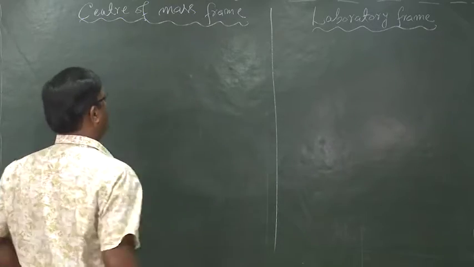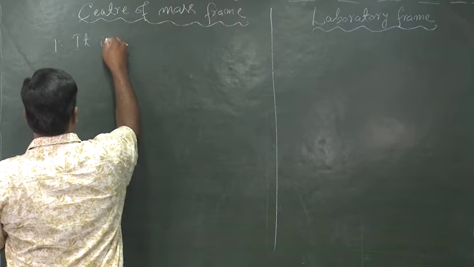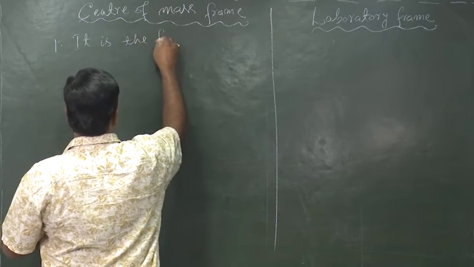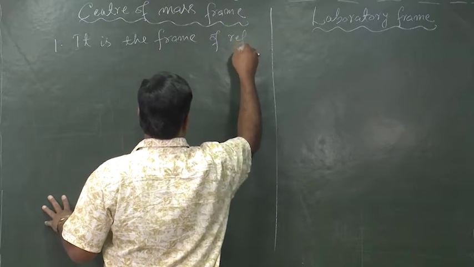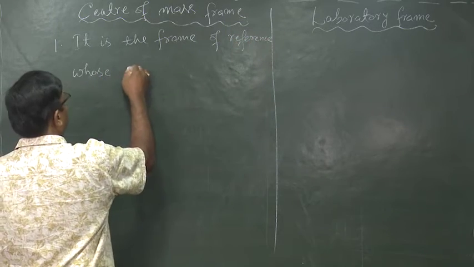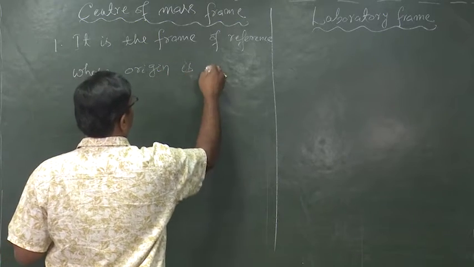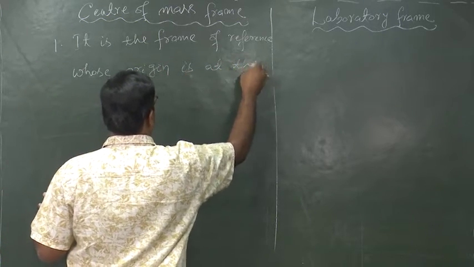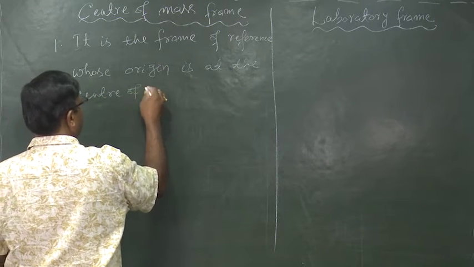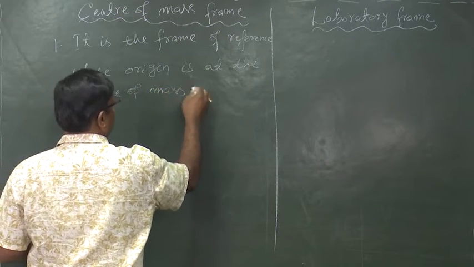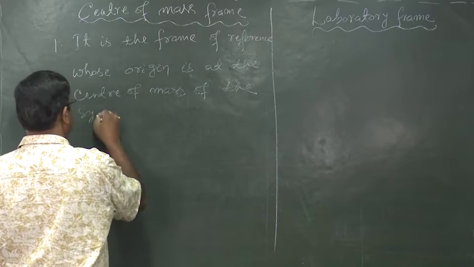Let us have the comparative idea. Number 1, center of mass frame: it is the frame of reference whose origin is at the center of mass of the system.